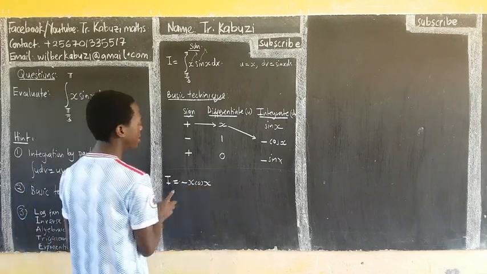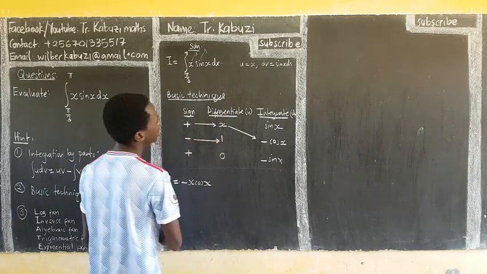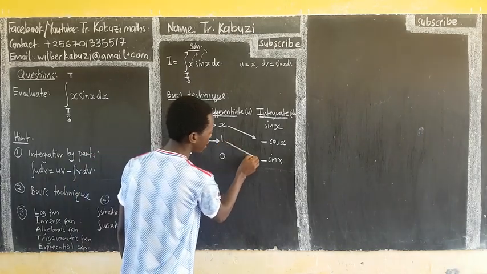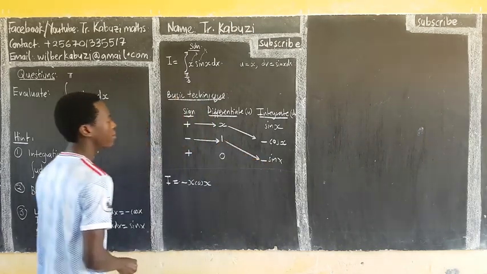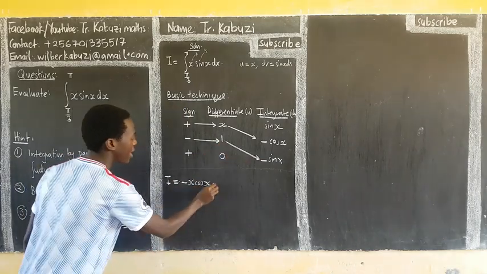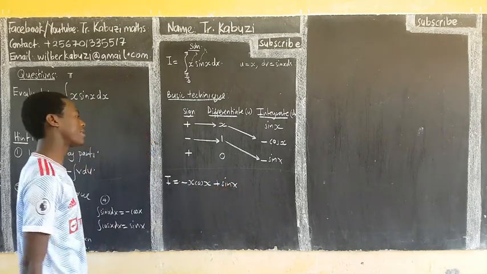Then you come to the next, this times this, I get negative 1. Then negative 1 times this, I'll be adding now positive sine x.